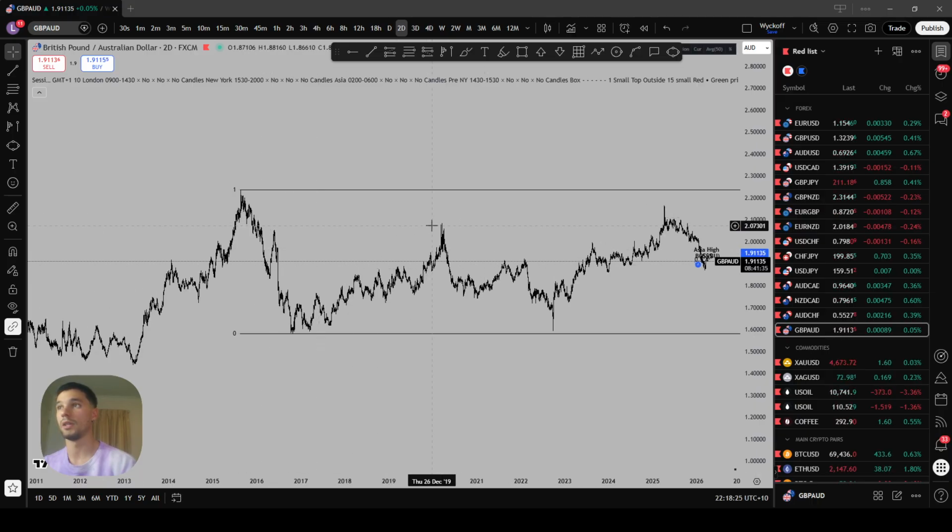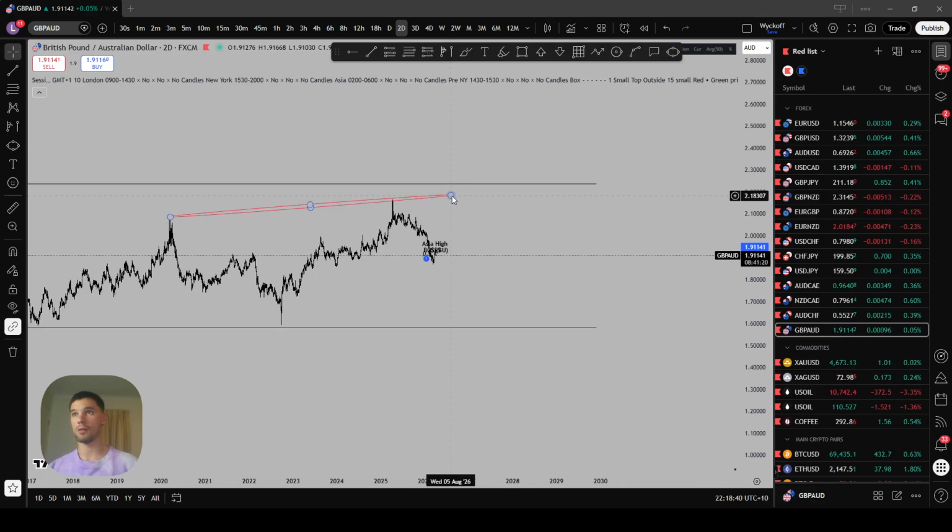If anything, this could be shaping up to be a distribution, meaning that if this shapes up to be a distribution, you'd expect price to come back higher for this third tap somewhere here.